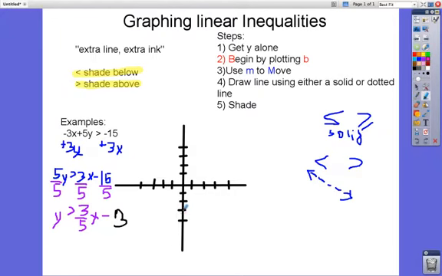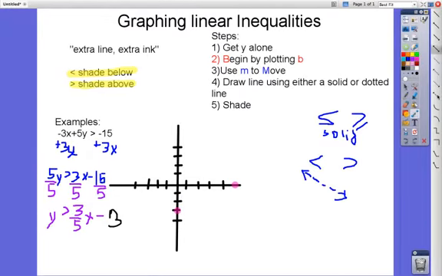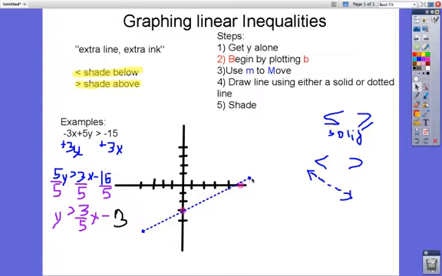So we have a point at -3, and we went up 3/5. Okay, so our dotted line will look like this. And then we also need to remember that we need to shade. So this is a greater than symbol.